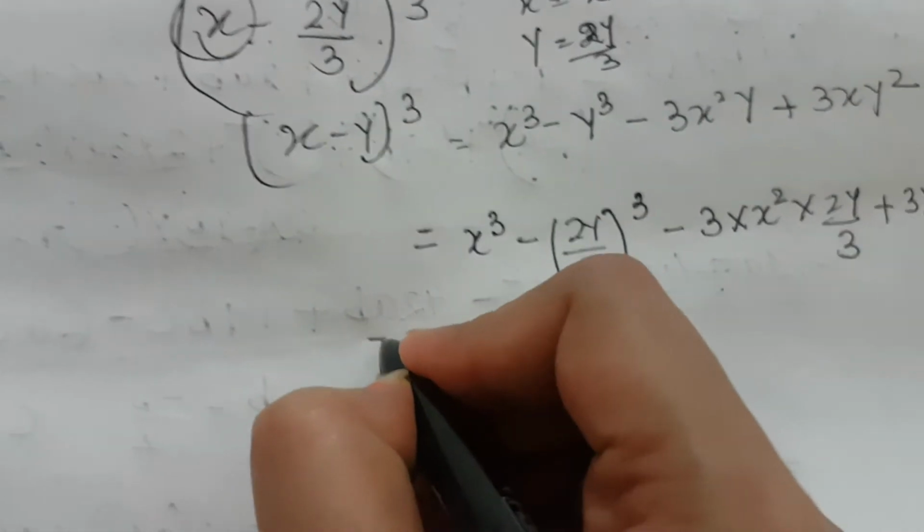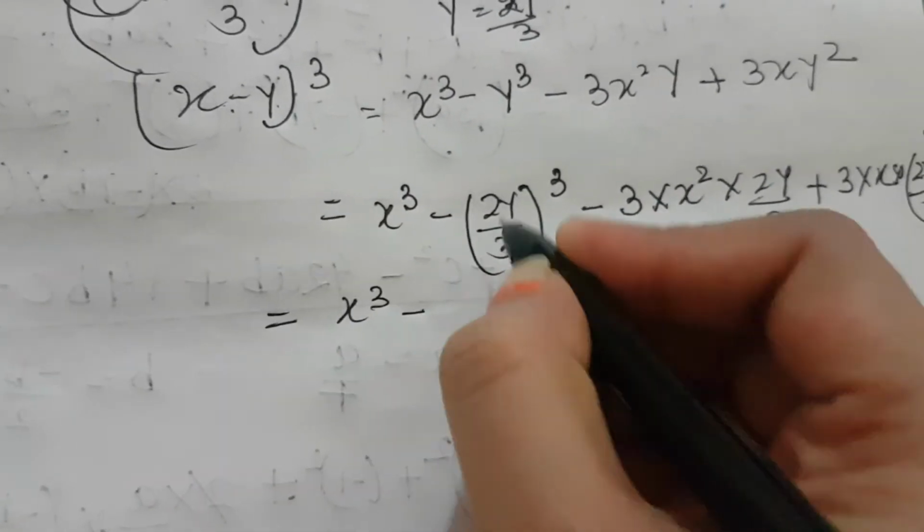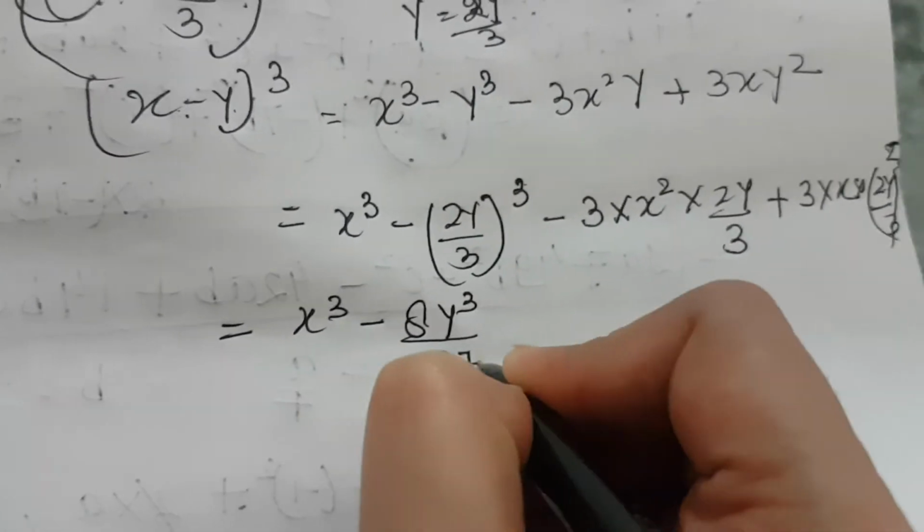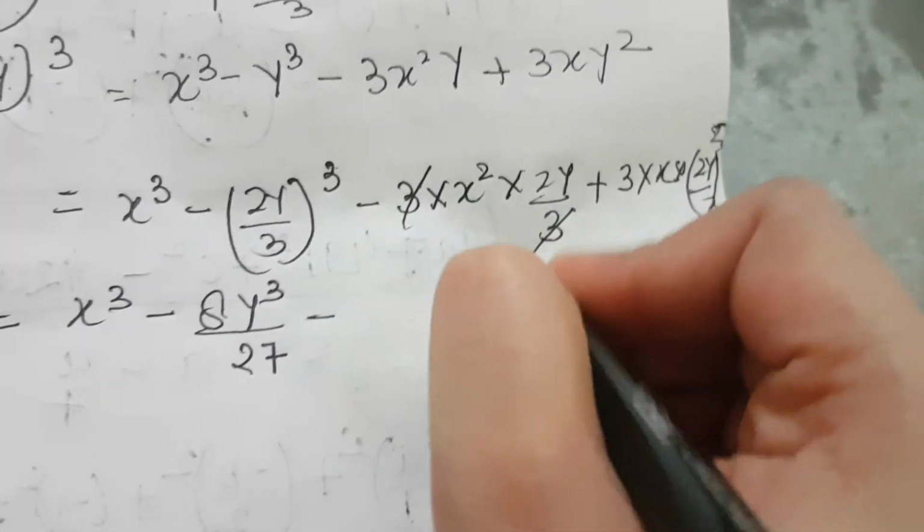Fine. So x cube minus 2 cube is 8, y cube upon 27, minus 3 cut by 3.